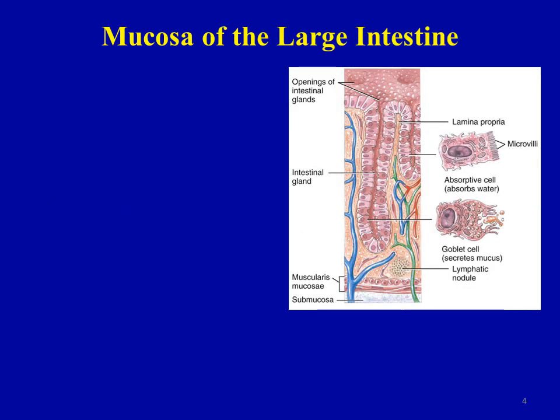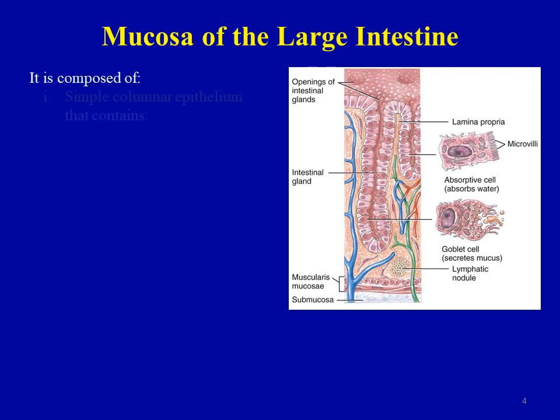The wall of the large intestine is composed of the four basic layers as the other segments of the alimentary canal. These are the mucosa, submucosa, muscularis externa, and the serosa. The surface mucosa of the large intestine is composed of two main cells: the absorptive cells, which are the majority of cells, and the goblet cells.